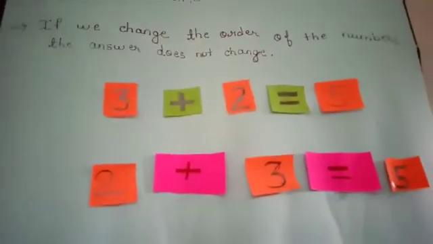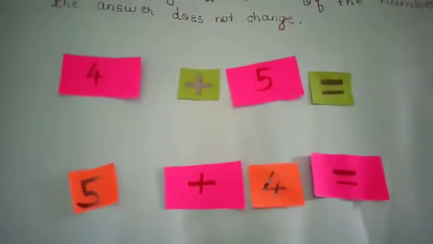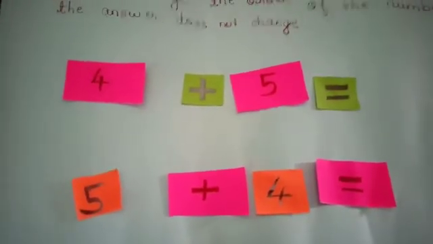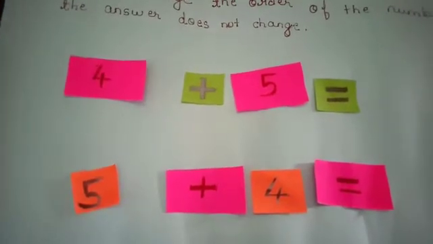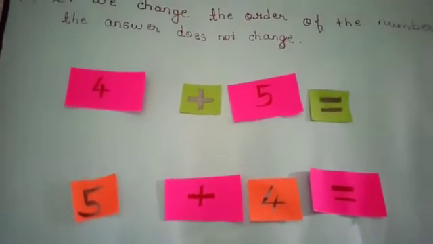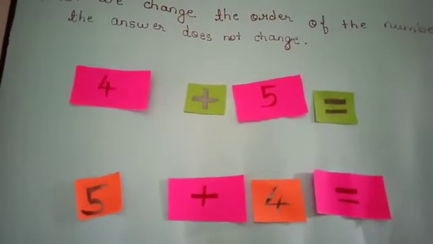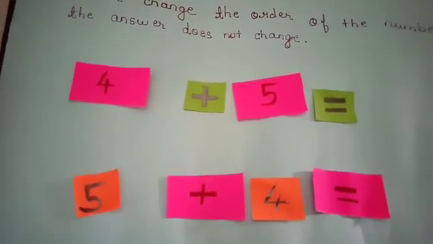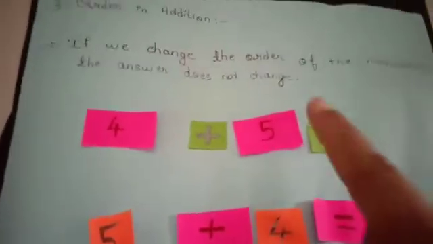Let us do one more example. Our other example is 4 plus 5, and after changing the order it will be 5 plus 4. So what will be the sum? What is the bigger number here? 5. 5 is the bigger number.